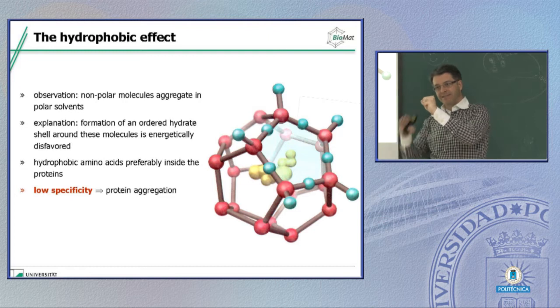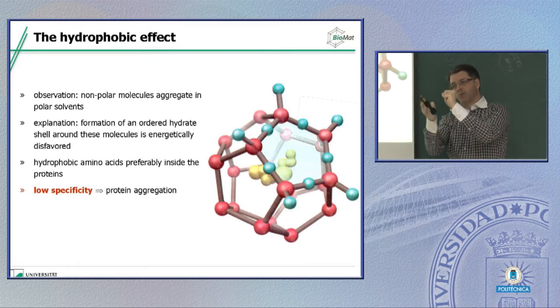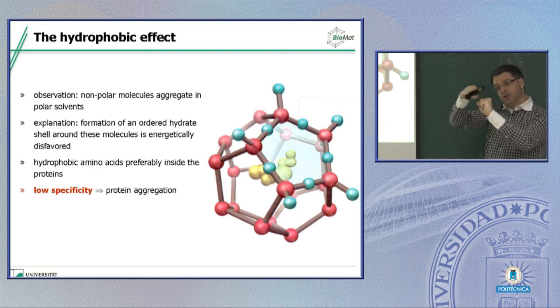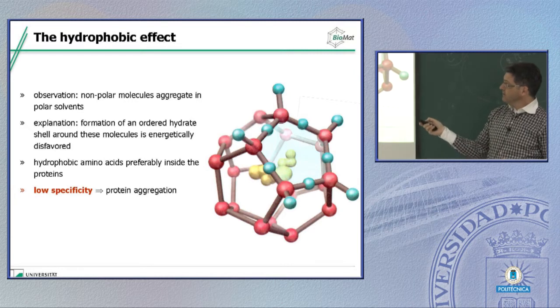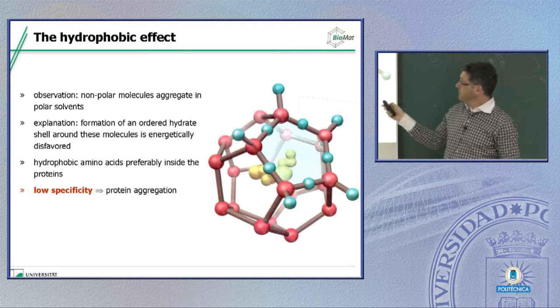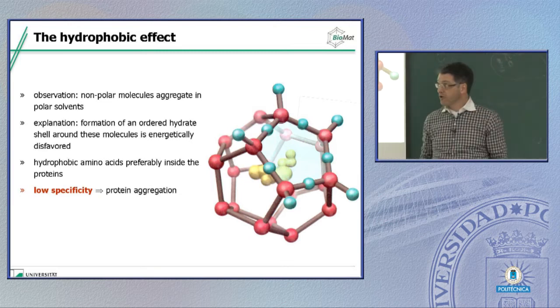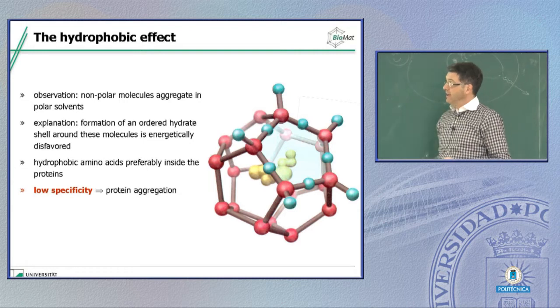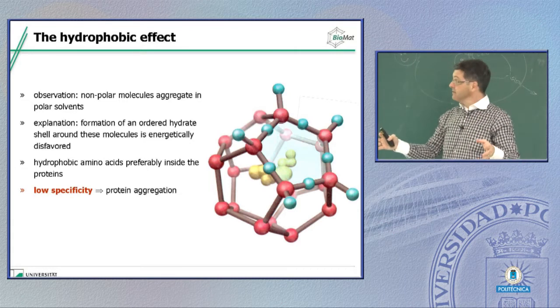You have something that dislikes the interaction with water, that does not make H bonds. Therefore, the water does not like to make a structure surrounding this molecule. As you see here, it has to form sort of a cage, and this is entropically disfavored. So therefore, such a cage has to be avoided by the system.